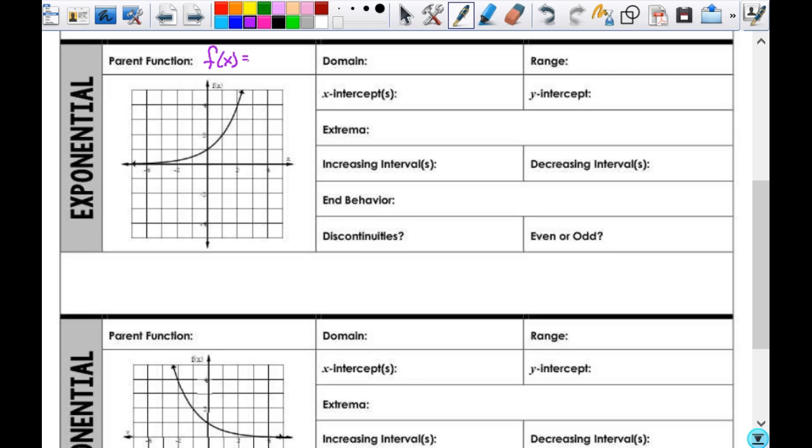If x equals 1, what does y equal? Well, that has to be your base. So this is 2 to the x power.